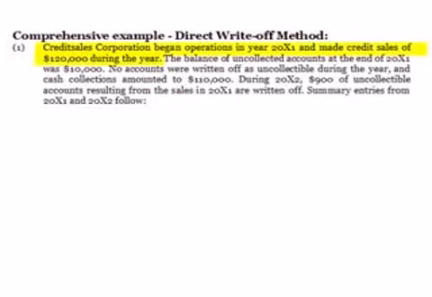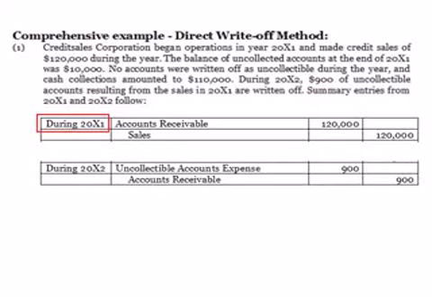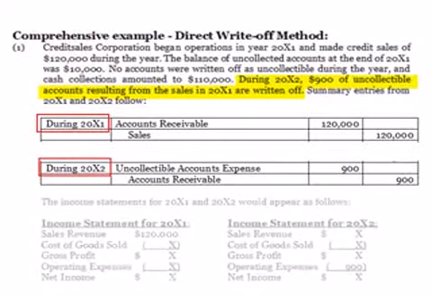If $120,000 in credit sales are made in year 20x1, then $120,000 of revenue will be reported on the 20x1 income statement. Let's say that none of the accounts become uncollectible until 20x2, and at that time a $900 account is written off as uncollectible. And herein lies the problem.